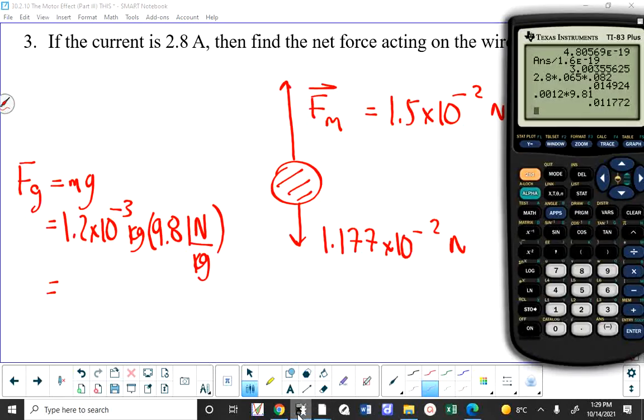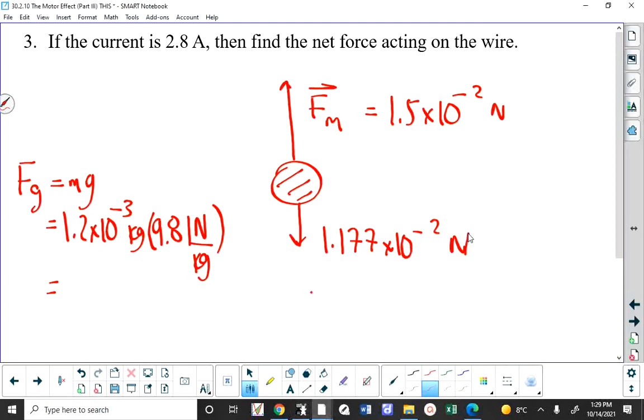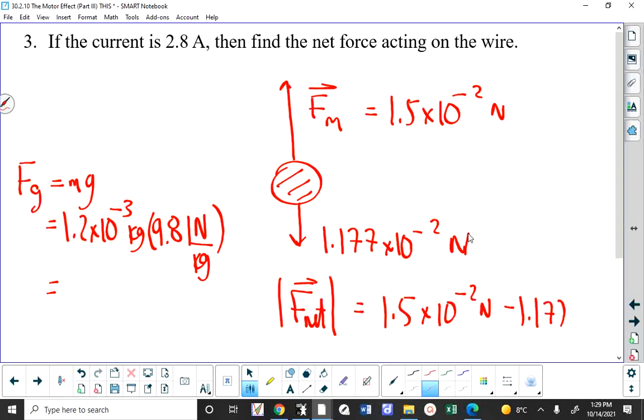So the net force, here we are again, look, this is a physics 20 question. What's the net force? Well, you add the forces. How do you add them? Well, if they're in opposite directions, you subtract the magnitudes and slap a label on your answer that matches the bigger direction, bigger force. The only thing that's physics 30 about this is calculating that upward magnetic force. So the net force in this example will have a magnitude equal to 1.5 times 10 to the negative 2 newtons minus 1.177 times 10 to the negative 2 newtons.